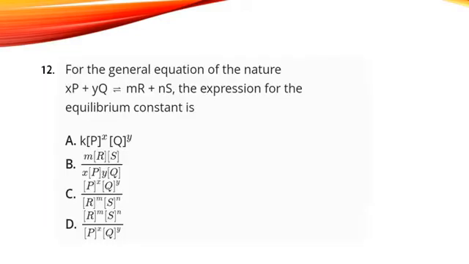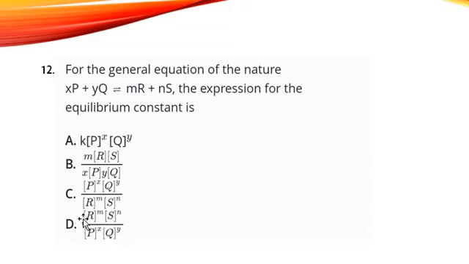Next is question 12, which says for the general equation of the nature xP + yQ ⇌ mR + nS, where x, y, m, and n are numbers, the expression for the equilibrium constant is, and you were given a range of options. When writing the equilibrium constant, you take the products and use the coefficients, the numerical values, as the exponents of those quantities.